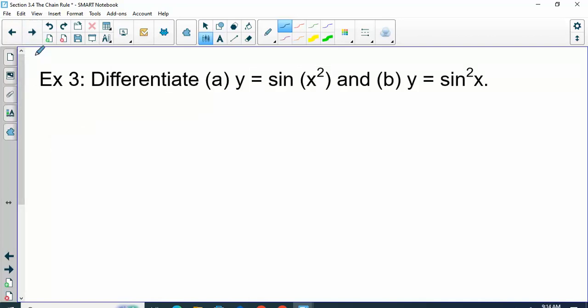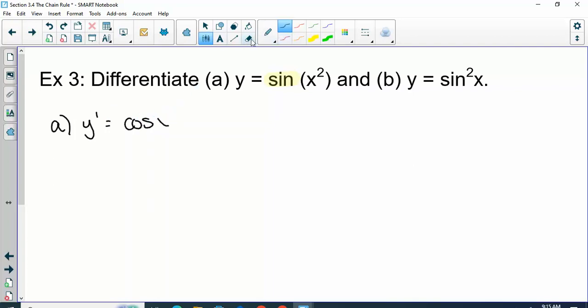Let's do one with trig functions. Alright, so if I asked you to do this derivative, what is the outside function? The outside is the sine. So do the derivative of the outside. So the derivative of sine is cosine.